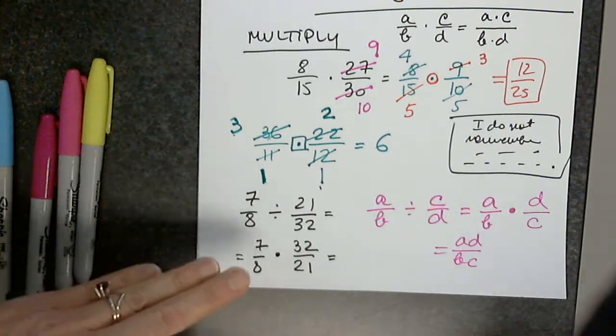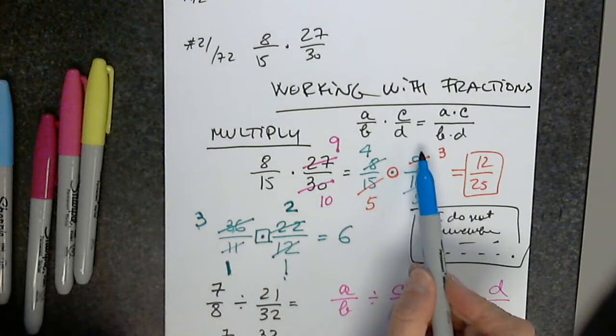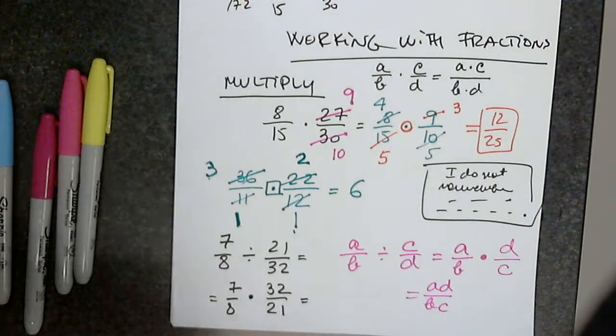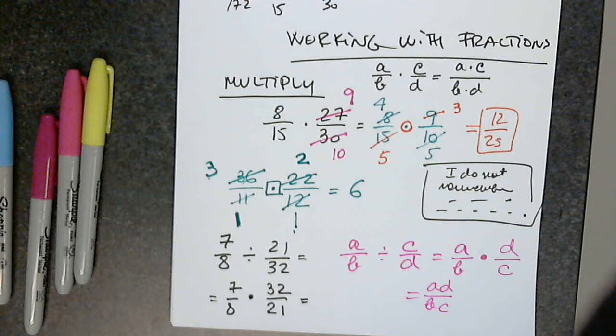Because now I'm back to this rule. Also, when it comes to crossing, you have to do it across both sides. You can't just cross one way. Cross something from the top and the same thing from the bottom. So if you divide the numerator or any portion of the numerator by 5, you have to do the same thing in the bottom. You cannot simplify top and top.